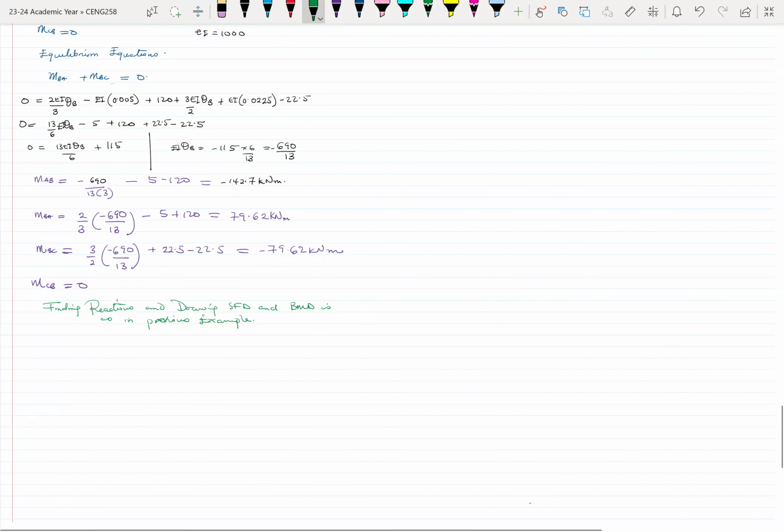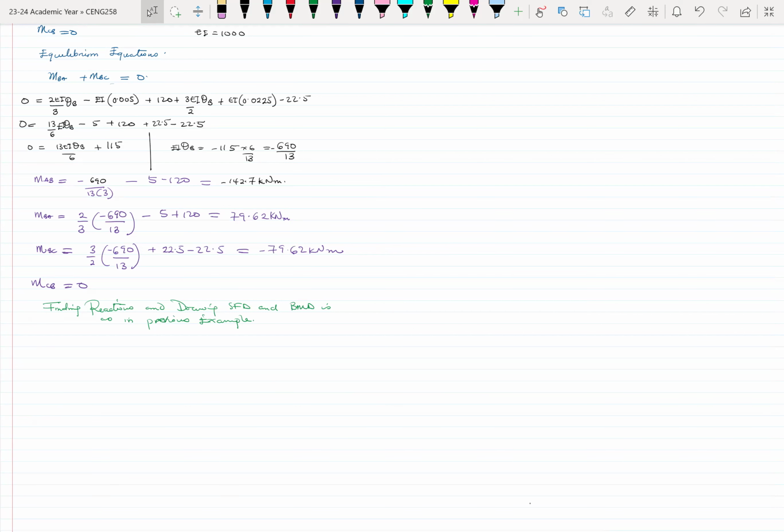So these are for typically beams, right? So what we've been looking at have been beams. There are a few things to take note of. The same question that we solved can be solved in two different ways, right? So option one is to assume that all ends are fixed.